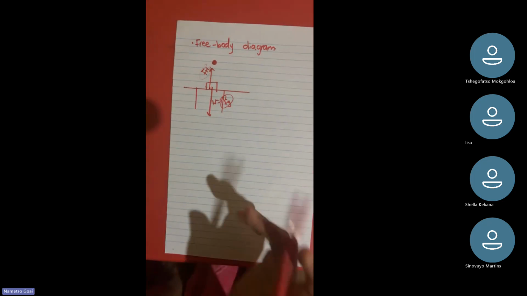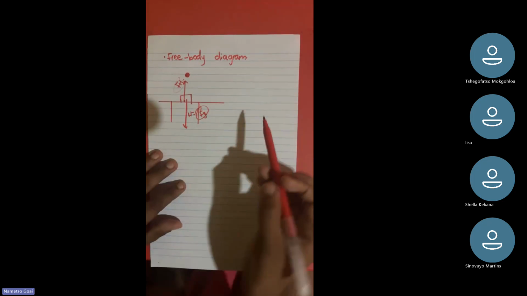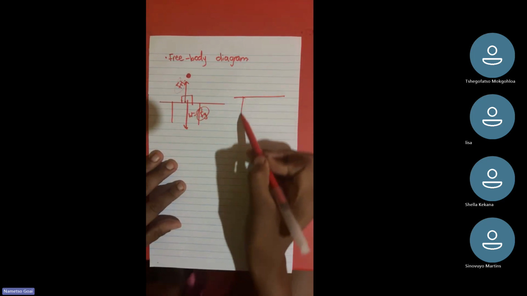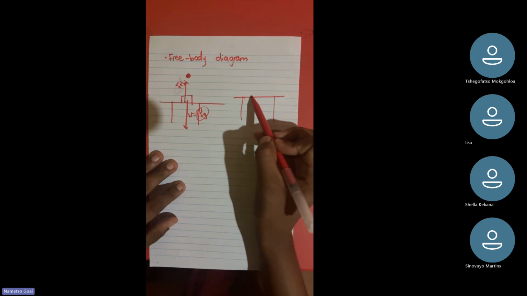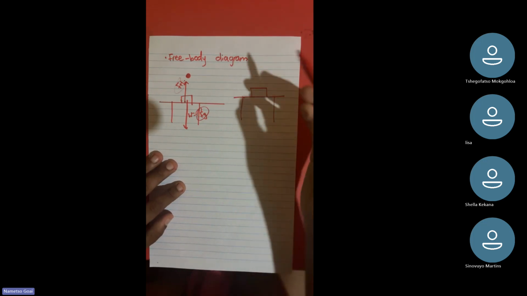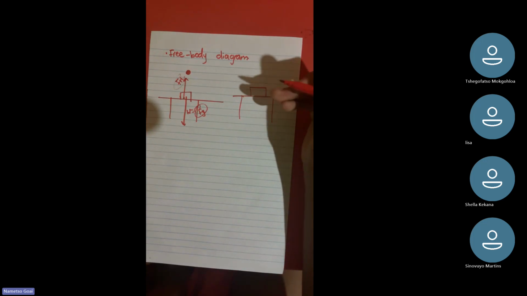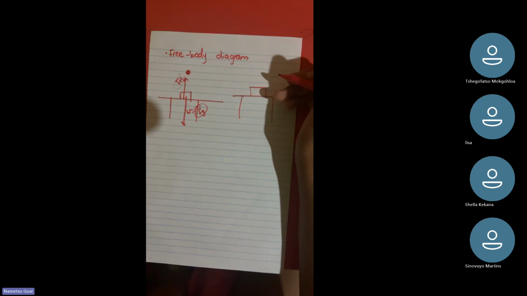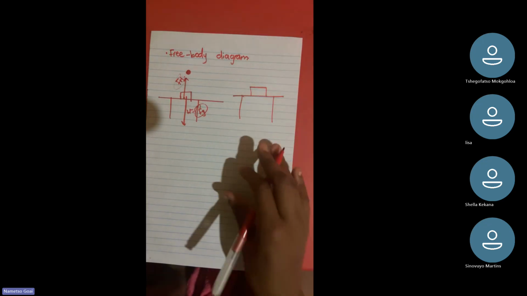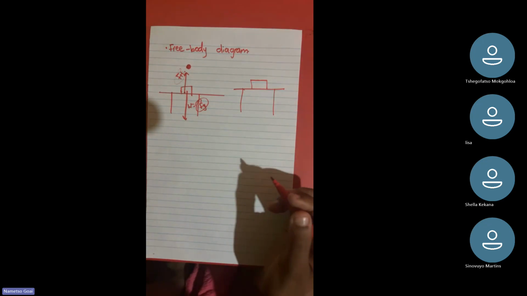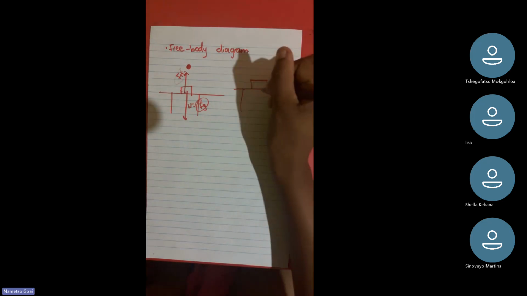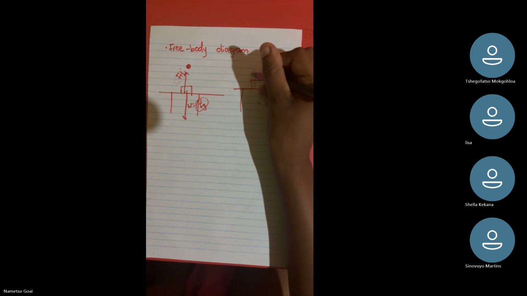So let's look at the first diagram. I think this could be a table or something, and we have an object over here. It's just lying here. If an object is lying like this, it's not in motion, nothing is happening. If we draw a free body diagram, these are the forces to expect. We have Fg and we also have Fn. This is the normal force.